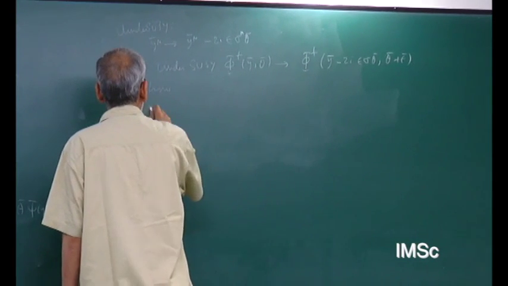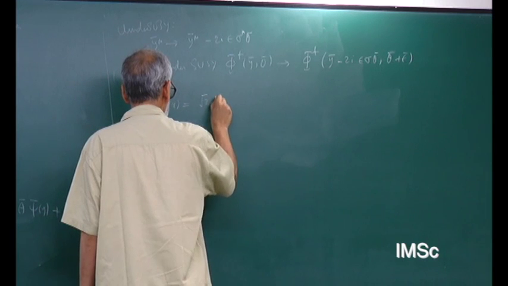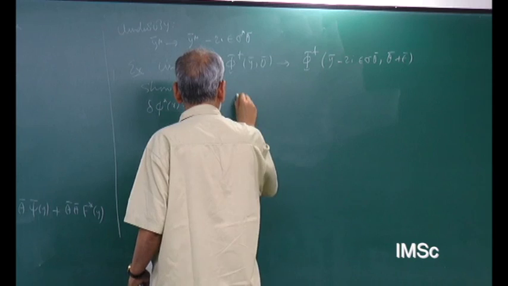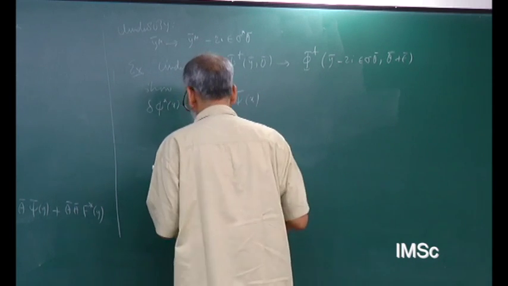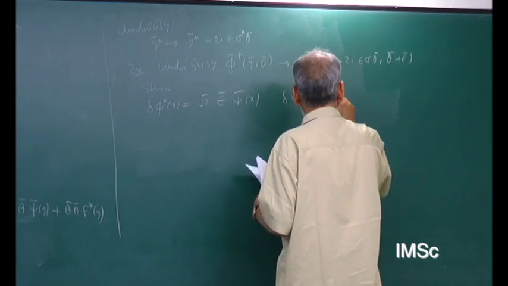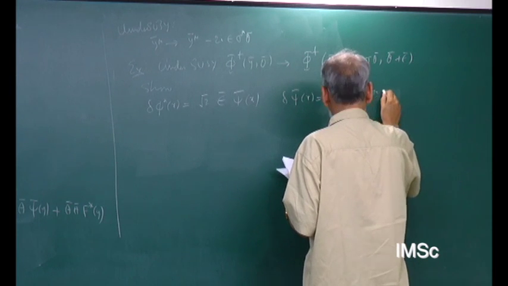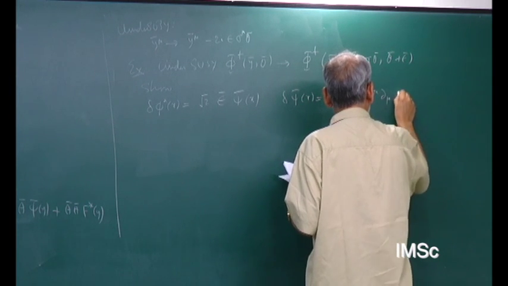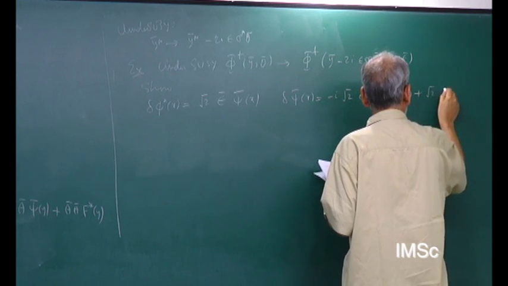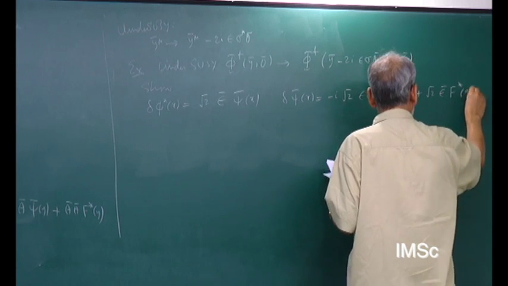Show delta phi star x is root 2 epsilon bar phi x bar, delta psi bar x is minus I root 2 epsilon sigma mu d mu plus root 2 epsilon bar f star x.